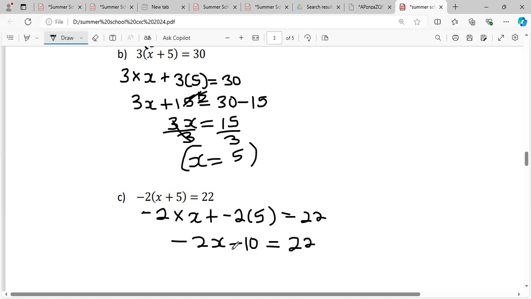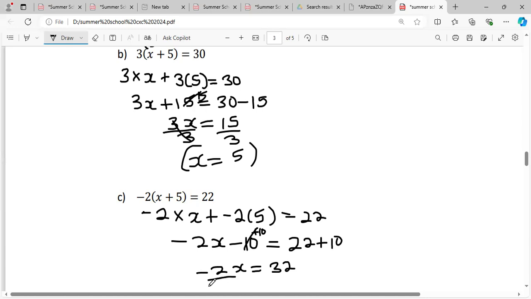This comes back to regular now. Minus 10, so we add 10, or we have to do the opposite. So we have negative 2x equals 22 plus 10, that's positive 32. Two times 5 is 10, 2 times x is 2x.